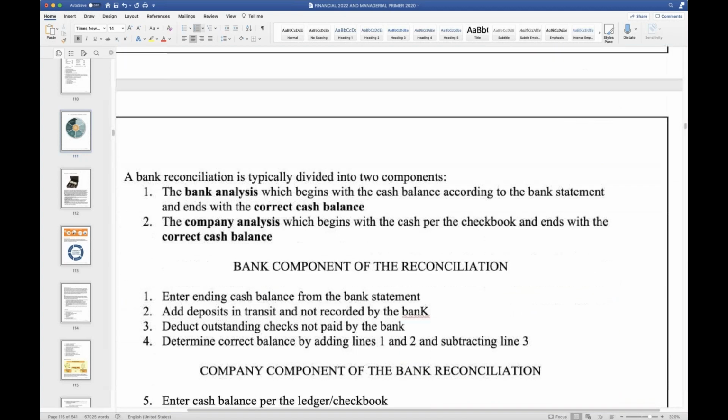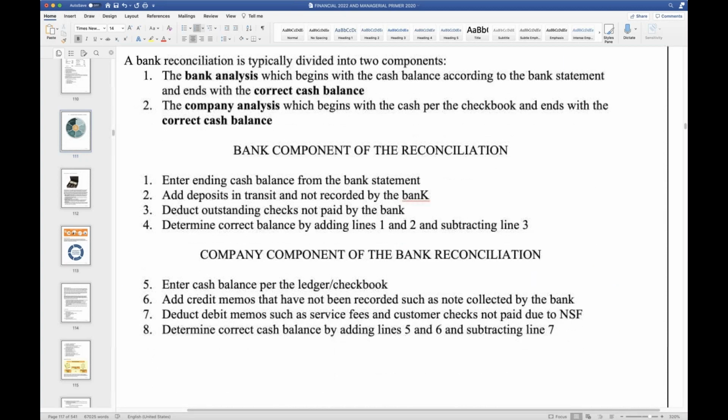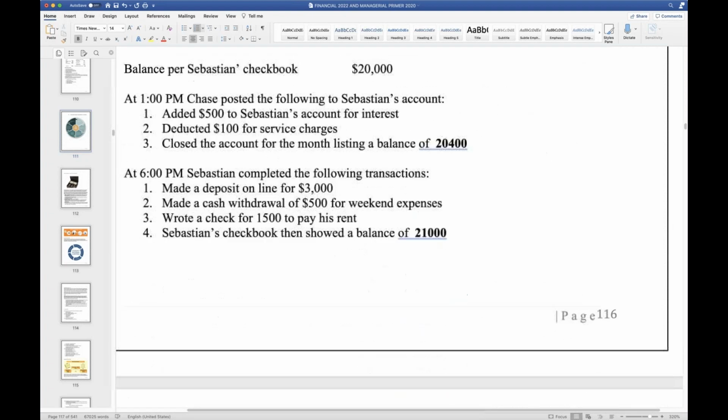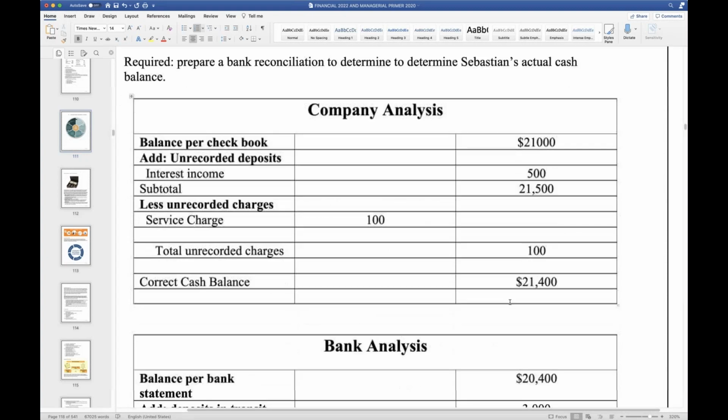And then we moved on to bank reconciliations. We said in preparing a bank reconciliation, there is a company analysis where we look at the balance per the checkbook, we add unrecorded deposits, we subtract out service charges, and we get the correct balance.